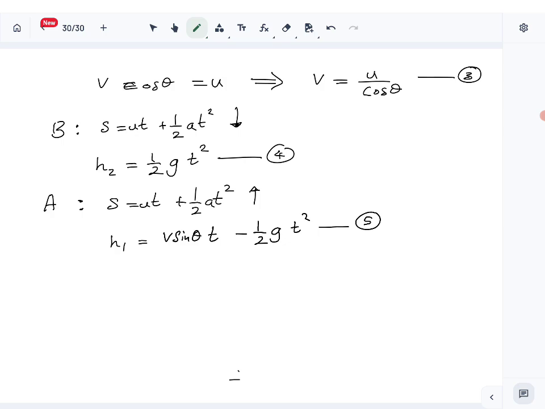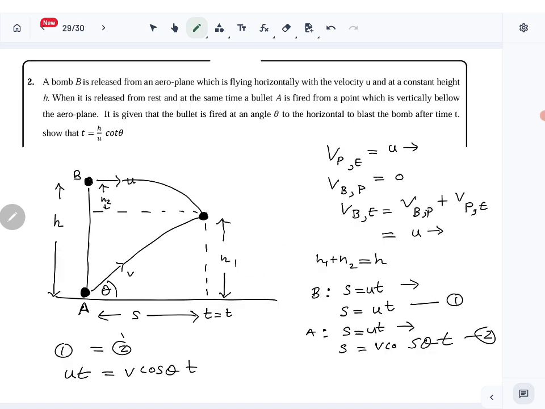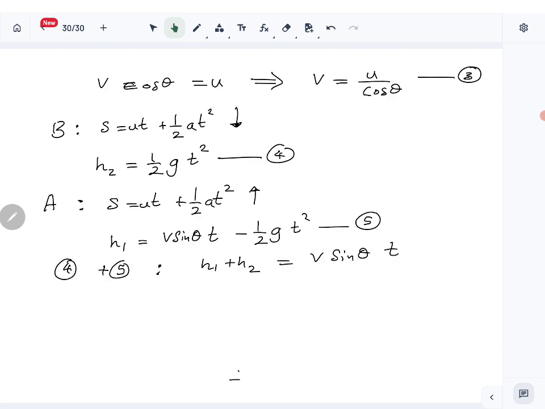So then what can we do? Add the two equations, 4 plus 5. You get h1 plus h2, the g t squared terms cancel, and you get V sine theta t. What are h1 and h2 together? That is h, this distance. So you get h equals V sine theta t. Then substitute 3 into 6.